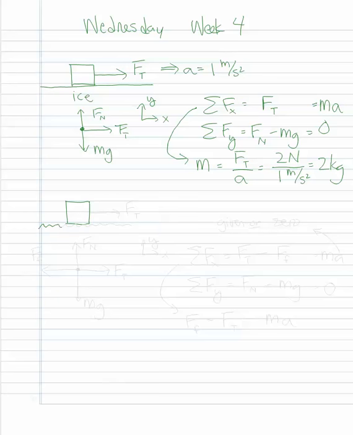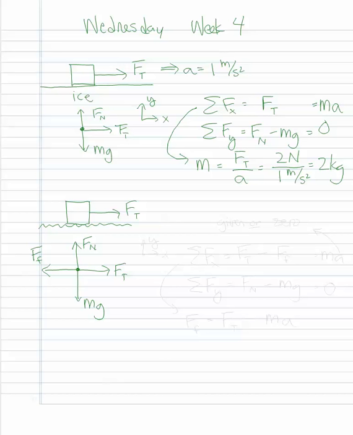After that, then, the box is on carpet. So when the box is on carpet, now we have to think about friction. And we still have a force of tension, but now when we draw the free body diagram, there's the normal force, as usual, the force of tension, and mg. And this time now, there's some unknown force, which turns out to be the force of friction.